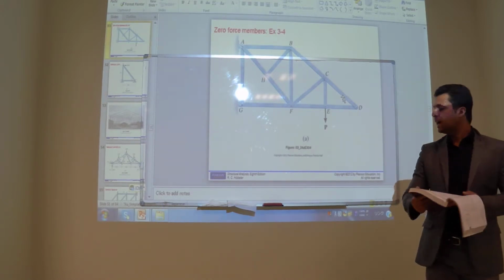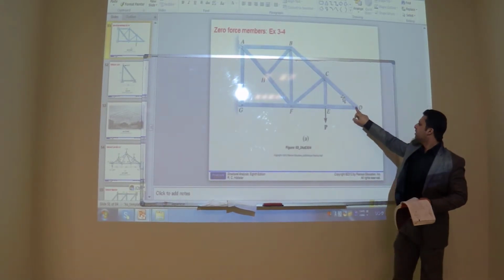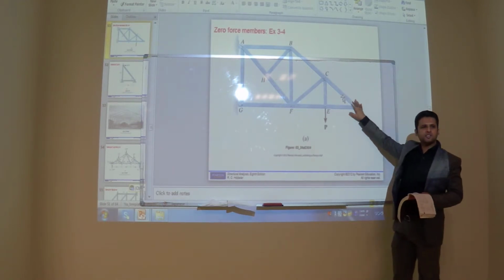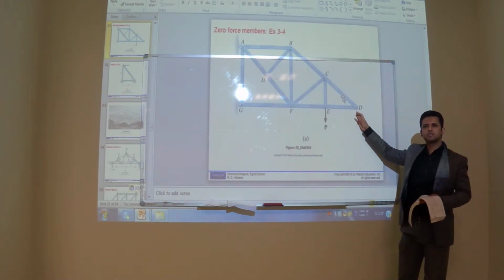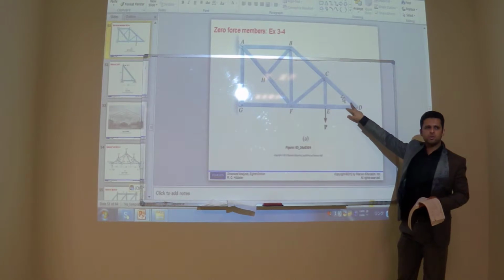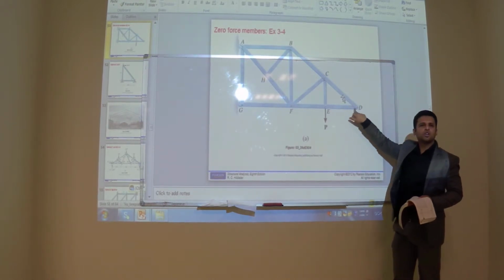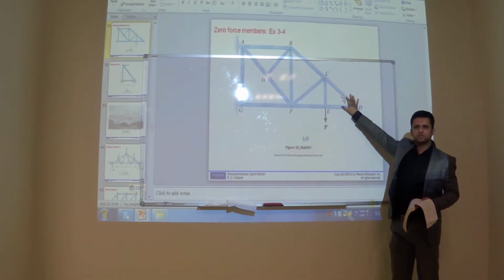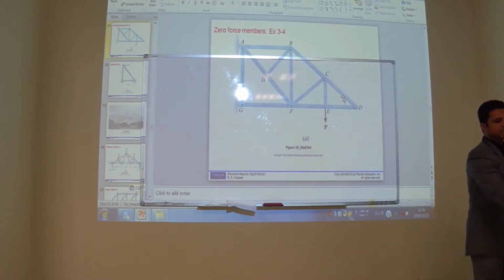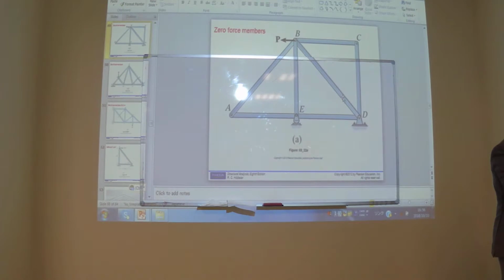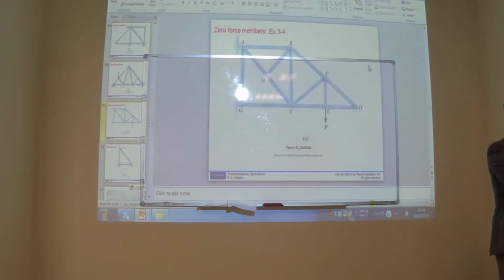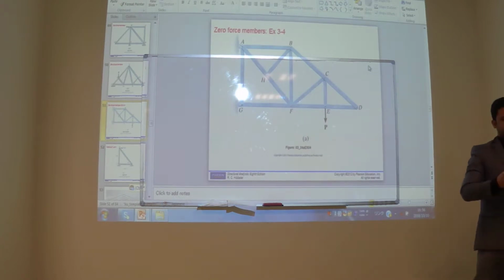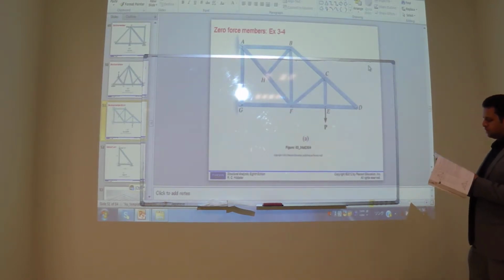And of course, if there are 2 members and no external force, they will be 0. I just told you some time before that if there are 2 members, no external force, these 2 members will be zero force members, like CD and E, like joint A and joint C. Well, your book has solved this.